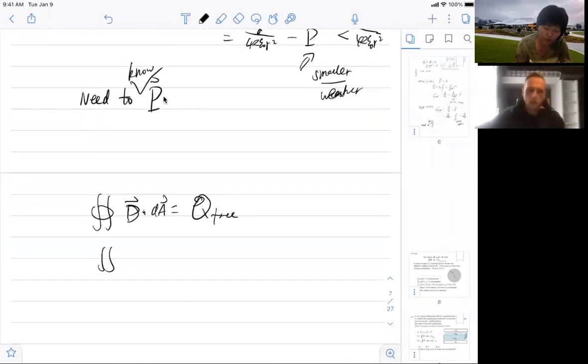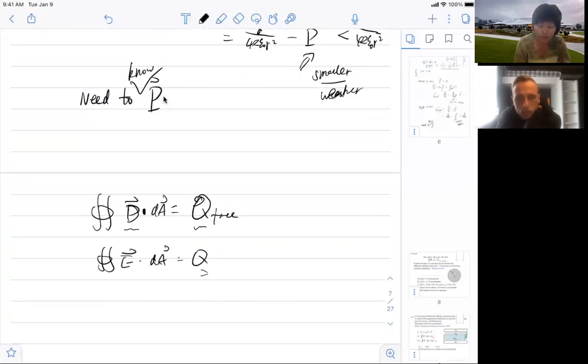As opposed to Gauss's law for E is Q over epsilon naught, so this Q includes free and bound charges. So one might argue, well, as long as you have free charge, you can find D.